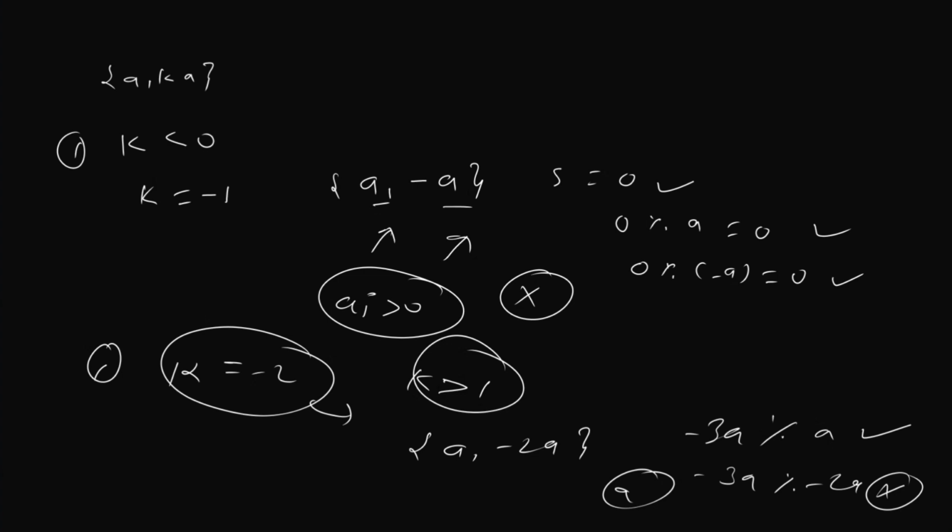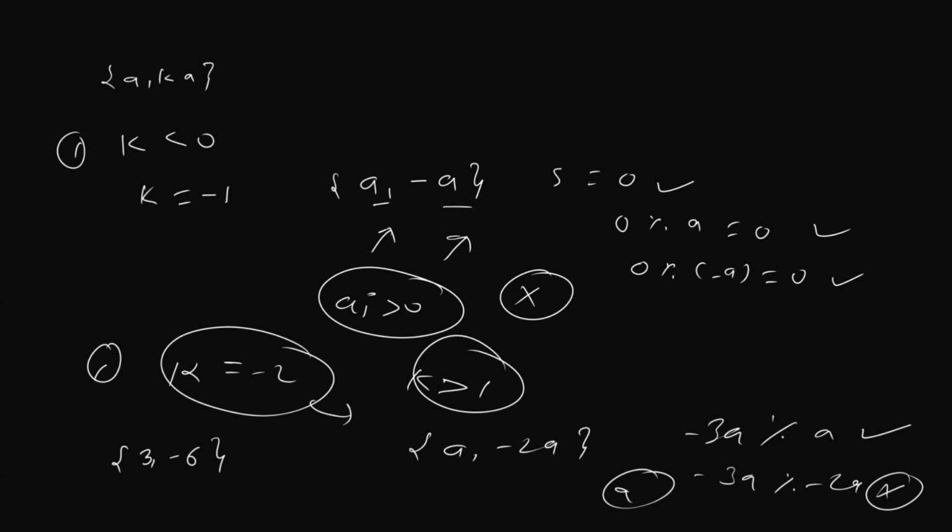What would it give as a remainder? Let's have an example. Suppose we have 3 comma -6.